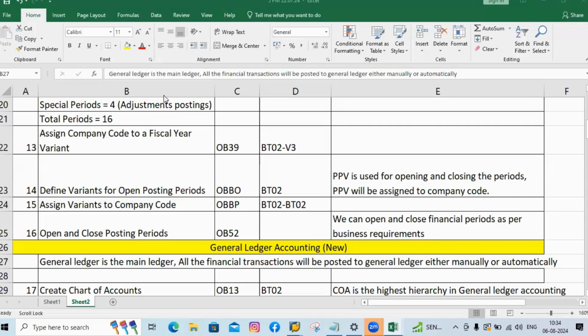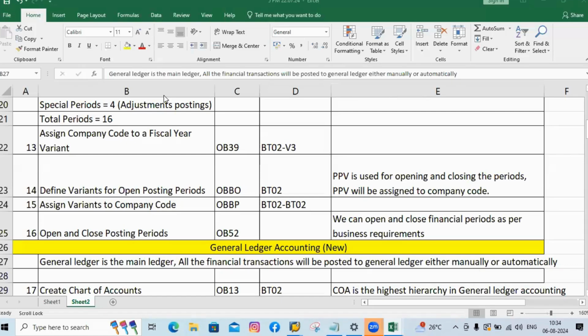Both are important to post to a GL account. Without chart of accounts we cannot post, and without company code we also cannot post. But under one chart of accounts, I can assign multiple company codes.